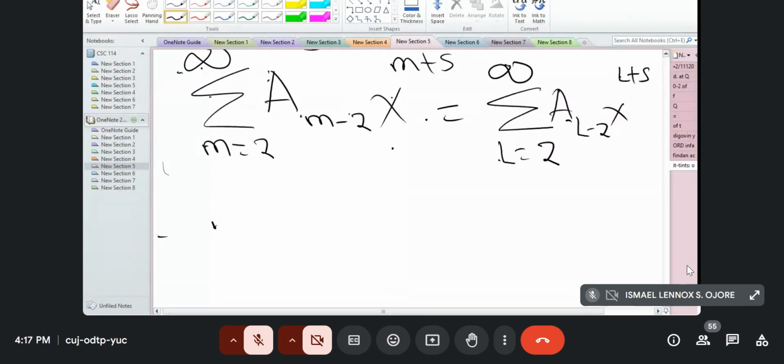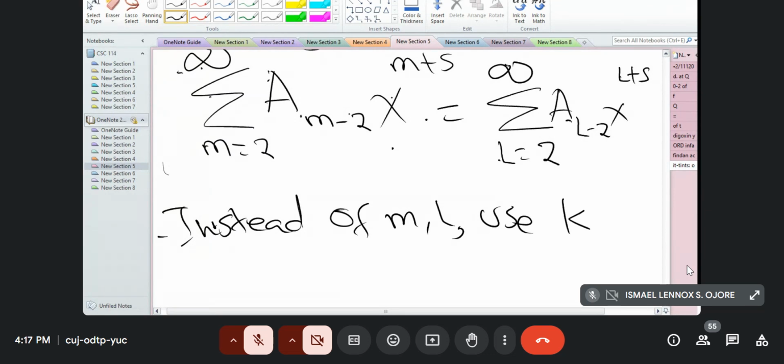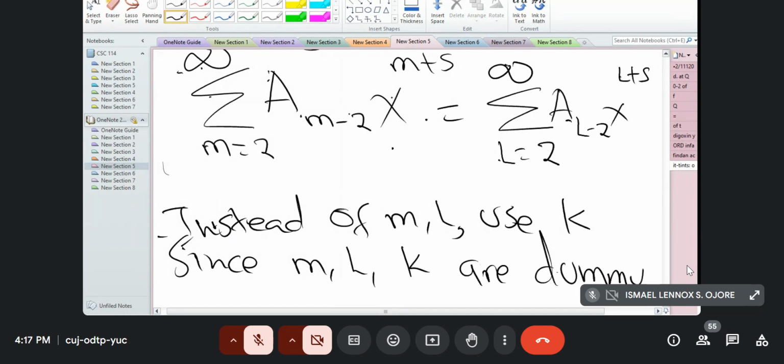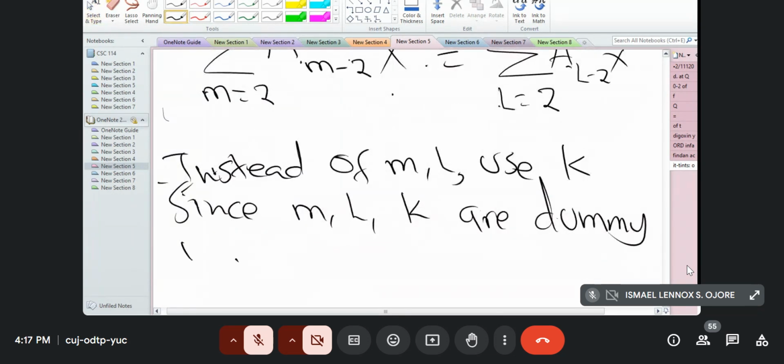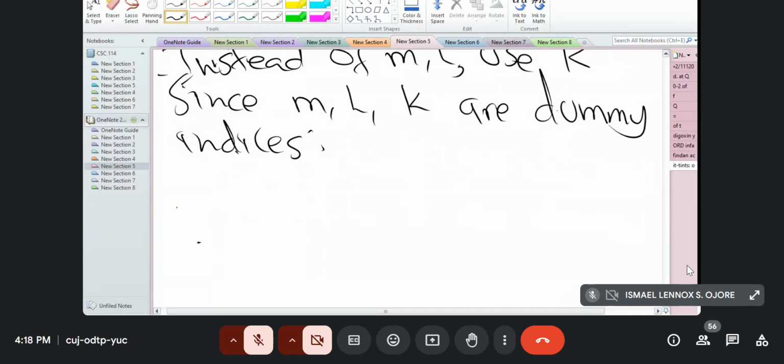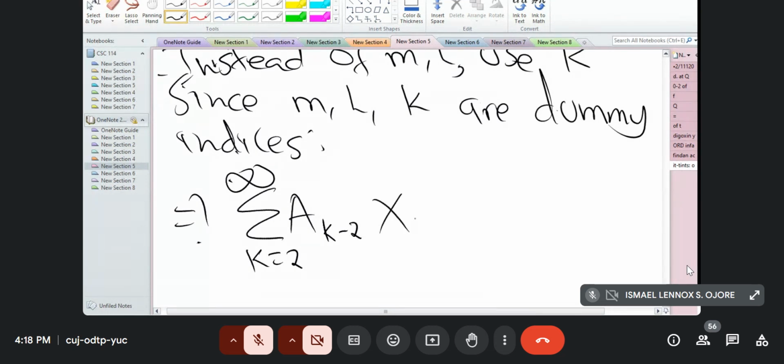So you see, instead of m or l, use k, since all the indices m, l, k are just dummy indices. So our third term becomes summation from k equals 2 to infinity a_{k-2} x to the k plus s, and we have the power being k plus s as desired.